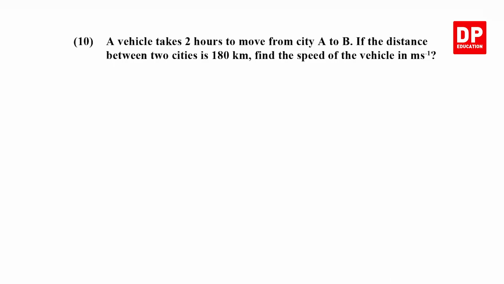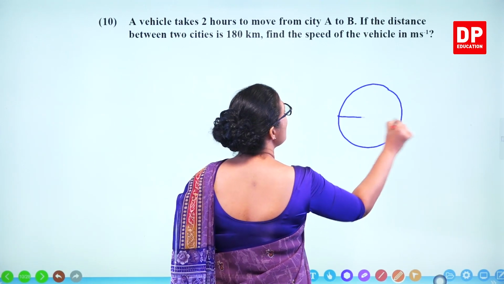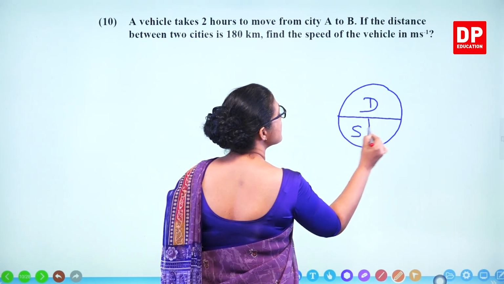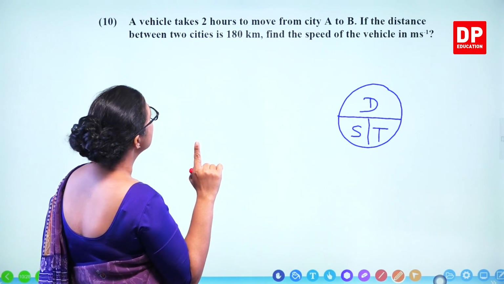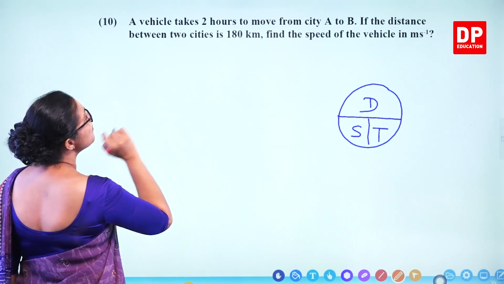Question number 10. A vehicle takes 2 hours to move from city A to B. If the distance between two cities is 180 kilometers, find the speed of the vehicle in meters per second. So we know distance, time, speed relationship. What's speed?